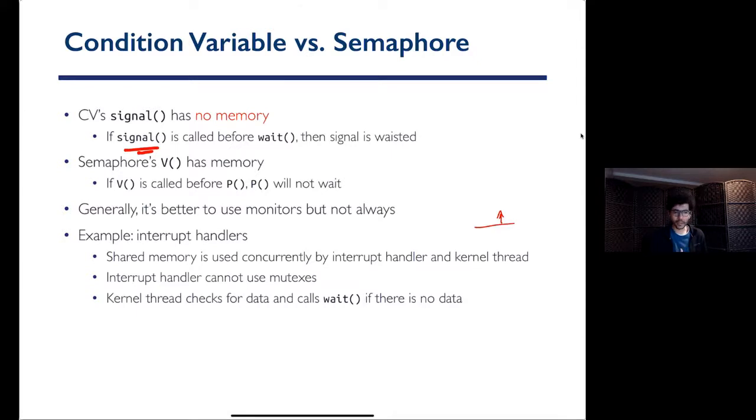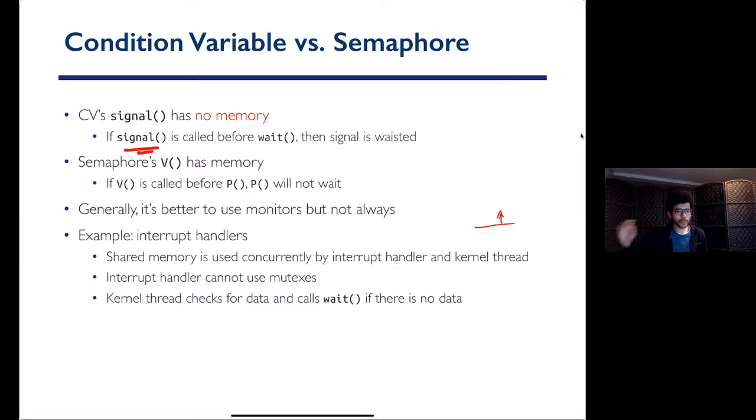Once the data is there, if you remember, the device is going to raise an interrupt, and then the interrupt handler, the bottom half, is going to wake up. Now you want the interrupt handler to notify this SSH daemon that the data it was waiting for has arrived.